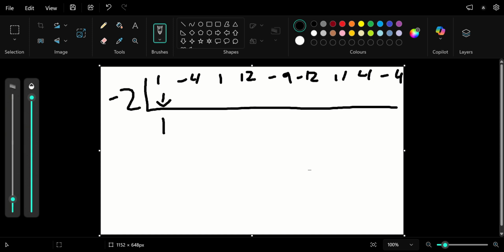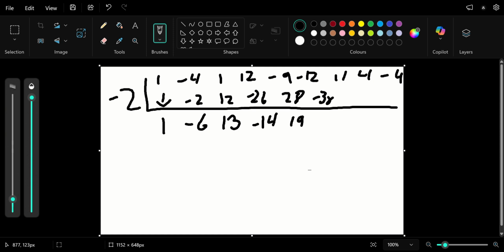So let's start the process. 1 times minus 2 is minus 2, that makes minus 6, that's 12, that's 13, that's minus 26, that's minus 14, that's 28, that's 19, that's minus 38, that's minus 50, that makes a nice 100, that's 1, 1, 1, it's even more satisfying, that's a minus 2, 2, 2, that's a minus 2, 1, 8, and right at the end here we have what's going to be our remainder, and we have a 4, 3, 6 up above.